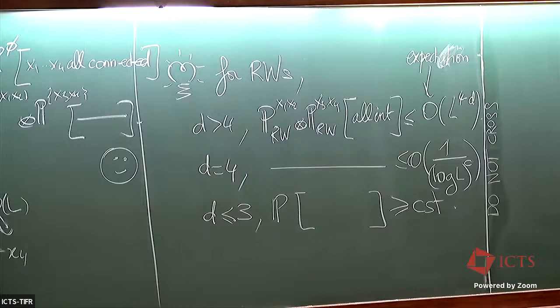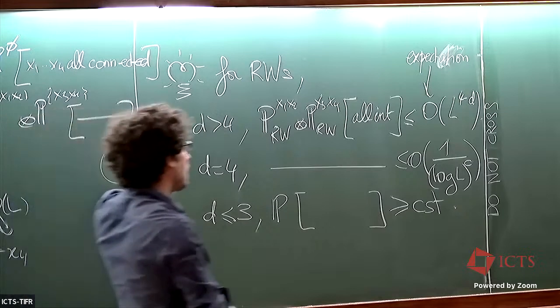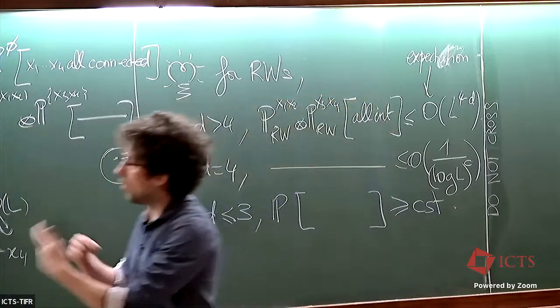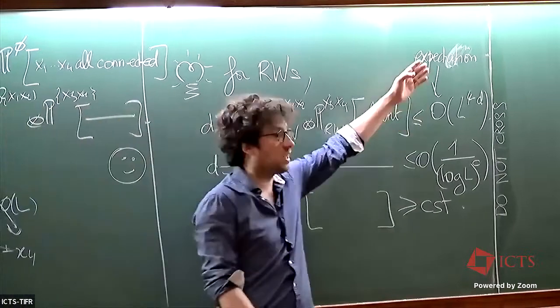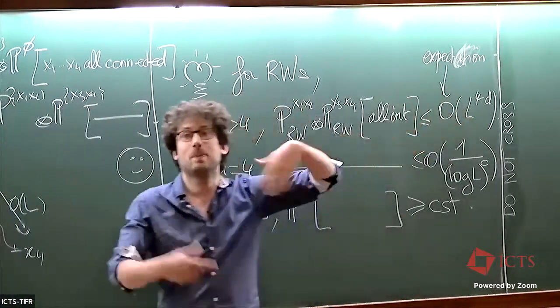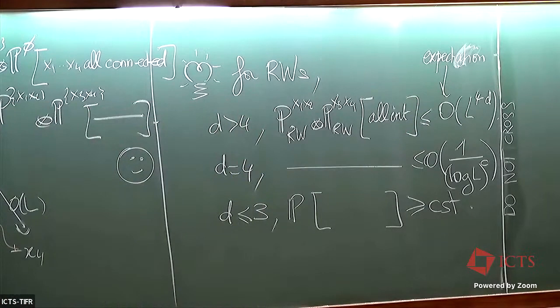So now what do we do? In this lecture, I'm going to rephrase or bound this quantity in a way that we see the expectation of the number of intersections appear naturally. That will be sufficient to conclude for D strictly larger than 4, exactly because, like for random walk, the expected number of intersections will be small.